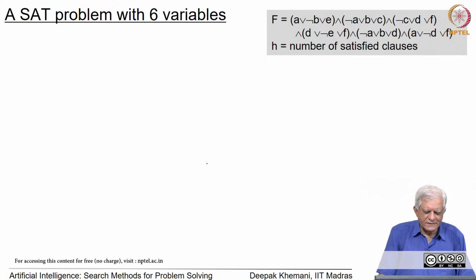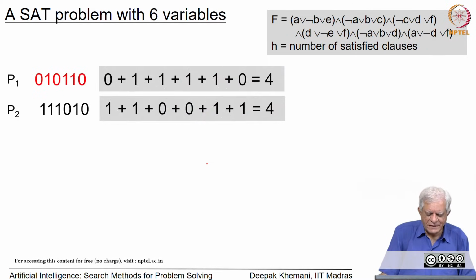Now, it has been studied that SAT can be quite complex, but let us first look at an example of how you could use a single point crossover to solve a SAT problem.